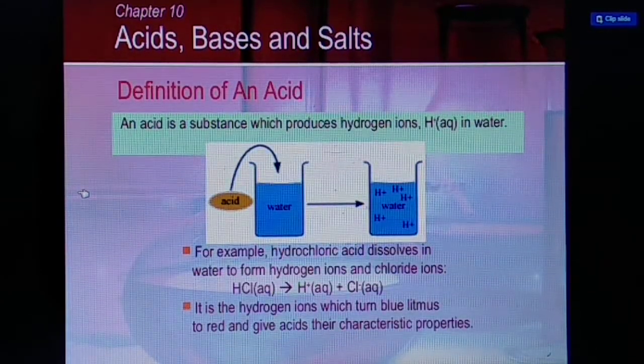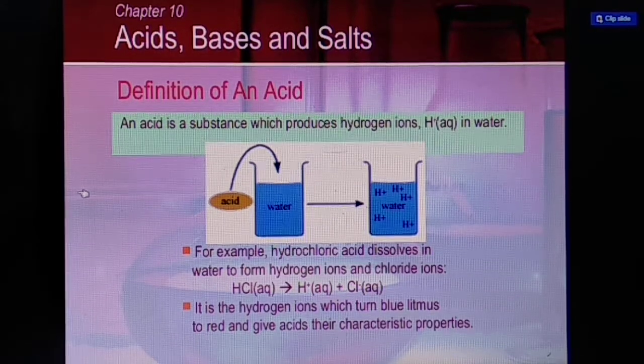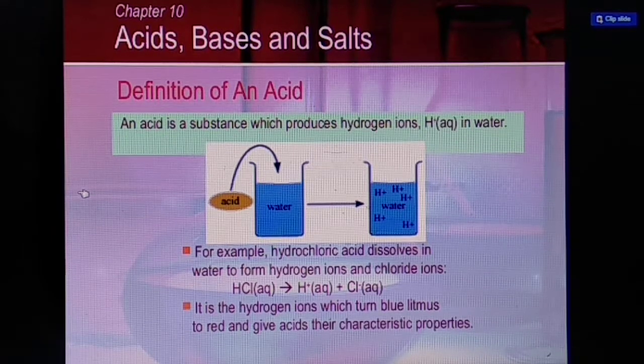Now students, define acid. An acid is a substance which produces hydrogen ion, H+, in water. Just you see, when acid reacts with water, it produces hydrogen ion. For example, HCl, hydrochloric acid, when it reacts with water, forms H3O+ and Cl-. Here H+ is shown only for HCl in the aqueous state.